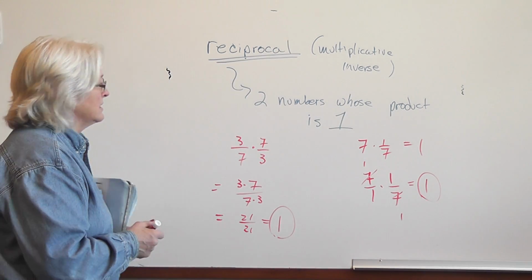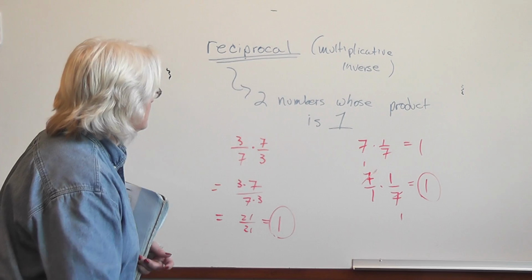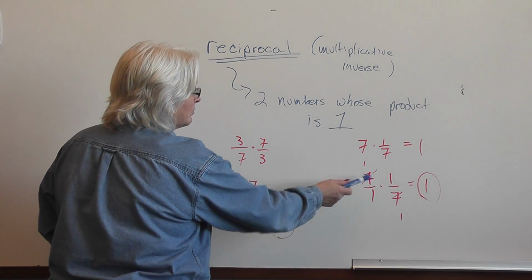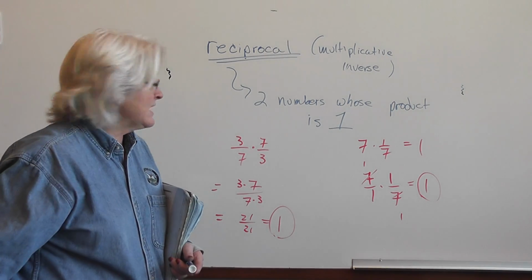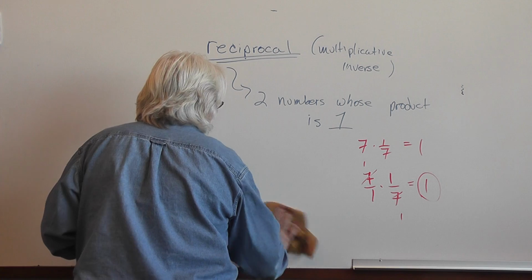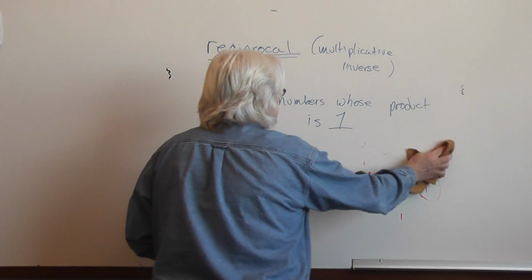Now, what do you notice here? 3/7, 7/3. 7 over 1, 1 over 7. And that's right. Reciprocals are very close to the same number.